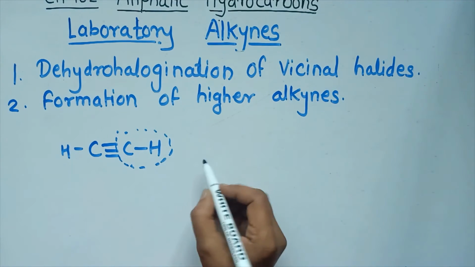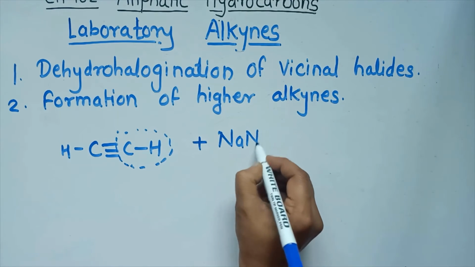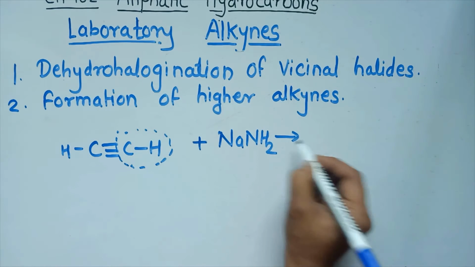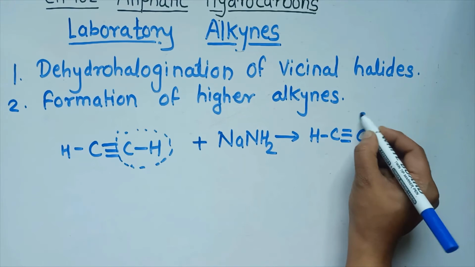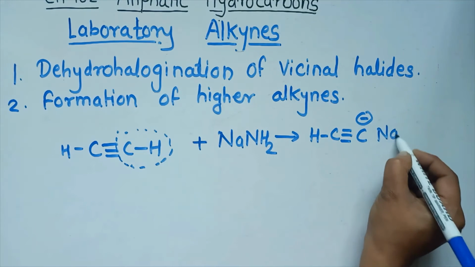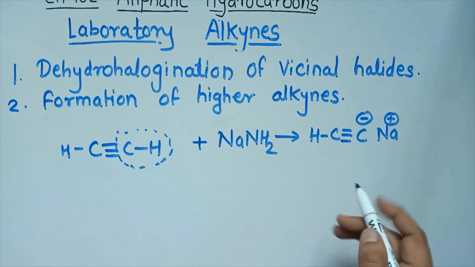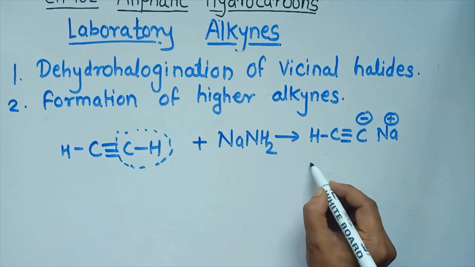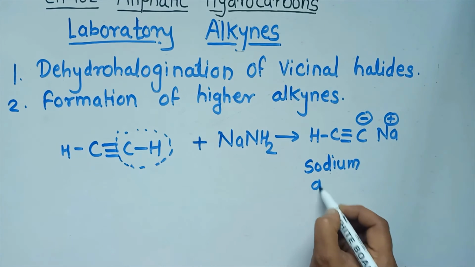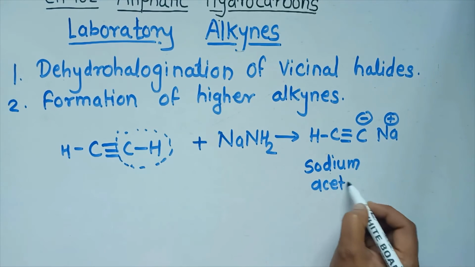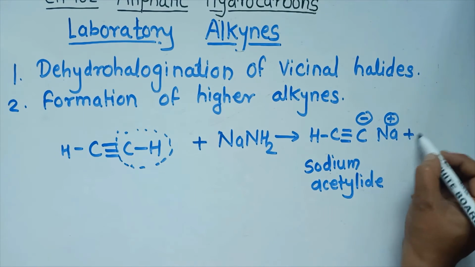So we see here, when this acetylene reacts with the strong base, that is NaNH2, it forms a salt, a sodium salt, or sodium acetylide, plus ammonia.